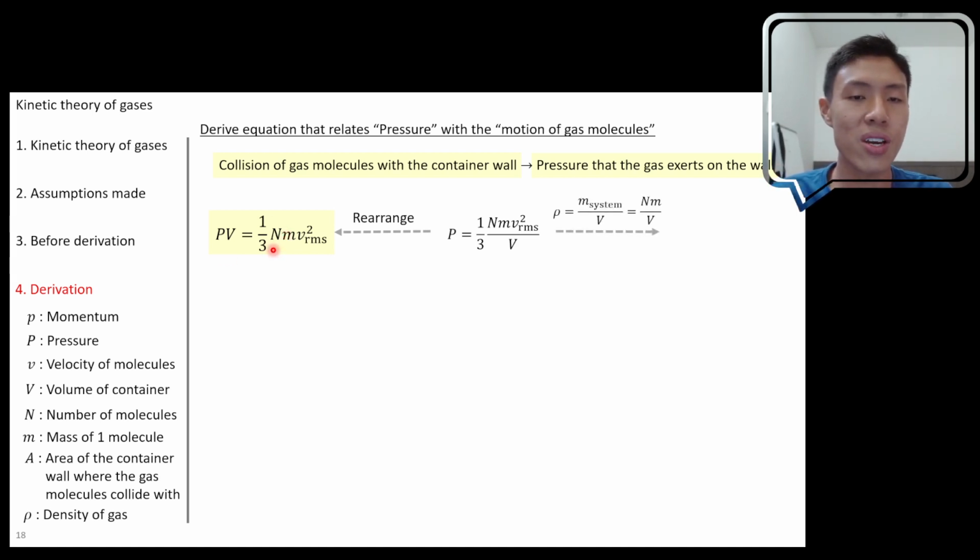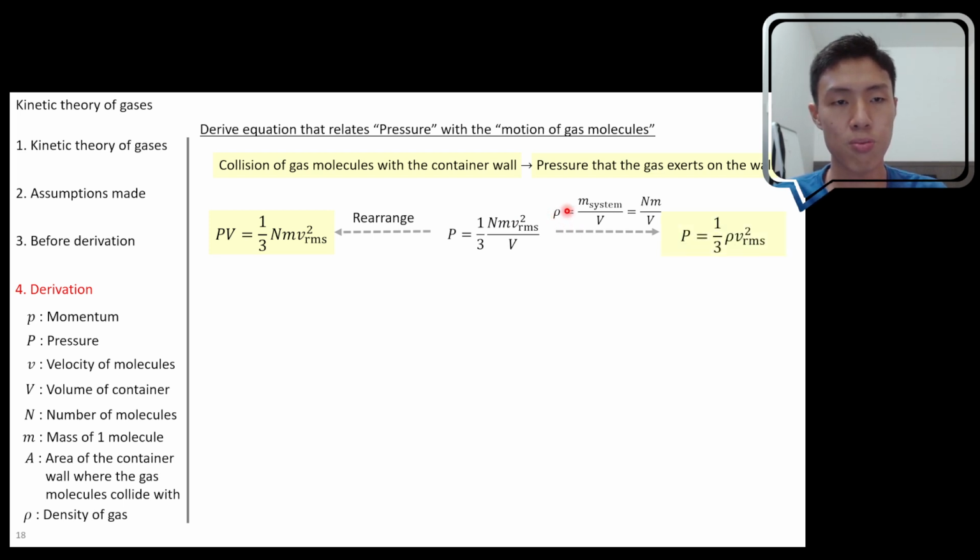Another way of manipulating this equation is by saying that the density of gas is equal to the mass divided by volume. If you know how many gas molecules you have, multiplied by the mass of each single molecule, you get the mass of the system, and if you divide by the volume, you get the density of the gas system. So N m over V exists here, and you can replace it with rho.